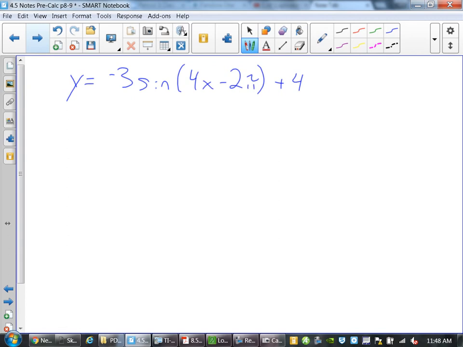We have to get the 4 out of the parentheses. Basically, whenever you have something in front of the value of x, that's the value you're going to factor out in parentheses every time, no matter what it is. Okay? It'll always work out that way. So we get y equals -3 sine of 4x minus pi over 2 plus 4. And now you're at the point where you can go from there.